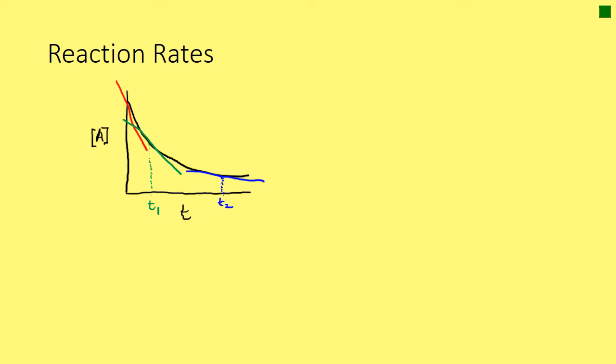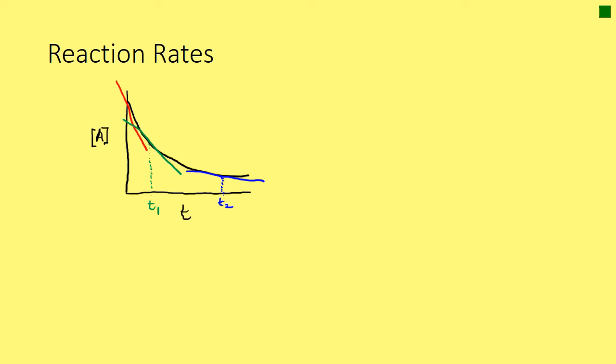So let's just get rid of that, and then we can study a reaction where we're going to call a reactant A. We're going to draw a graph of what happens to A over time.